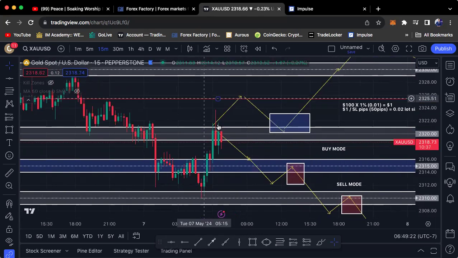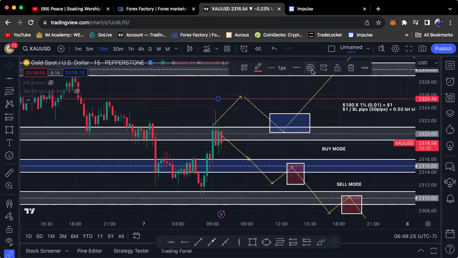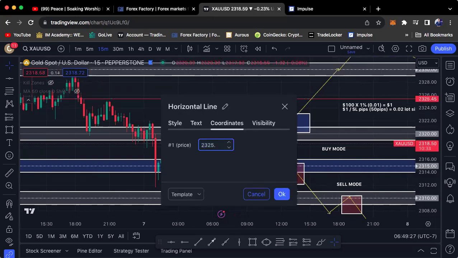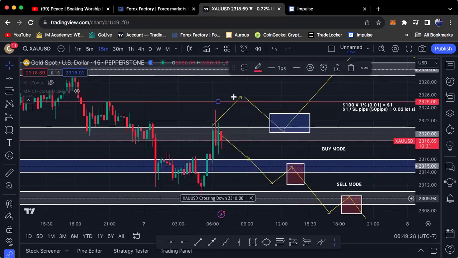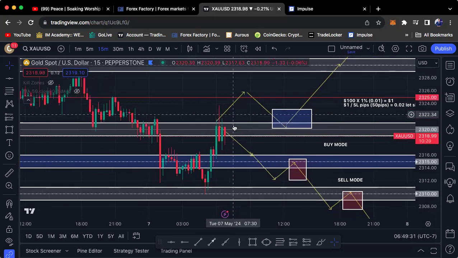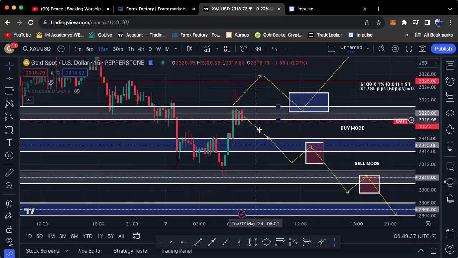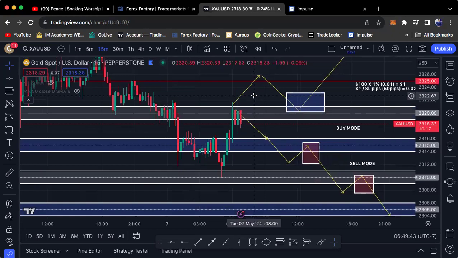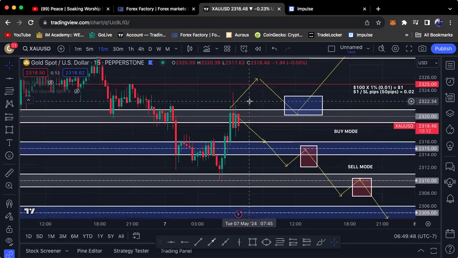If I were to take this sell right here, I would have entered my stop loss at 23.25, my entry at 23.20, and then ride all the way down to 23.10, because I look for at least 100 pips on my trade.